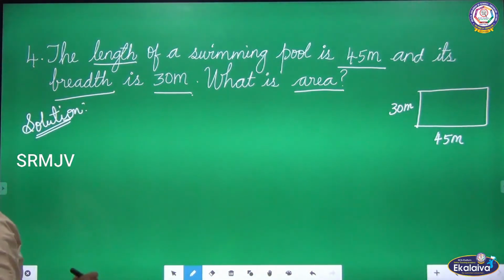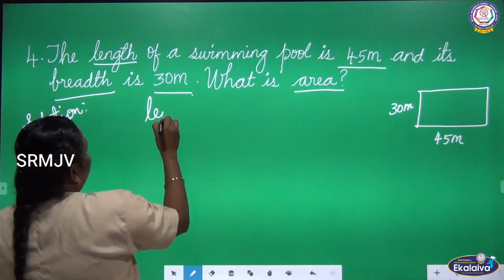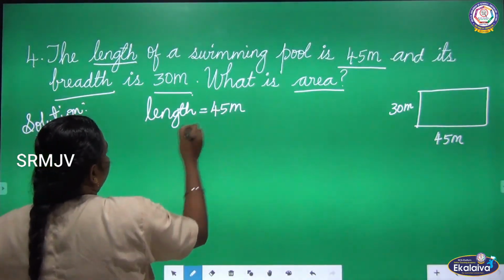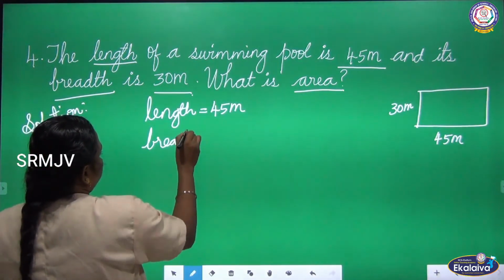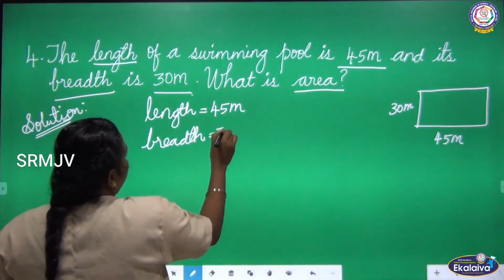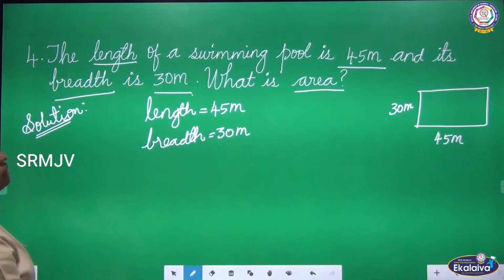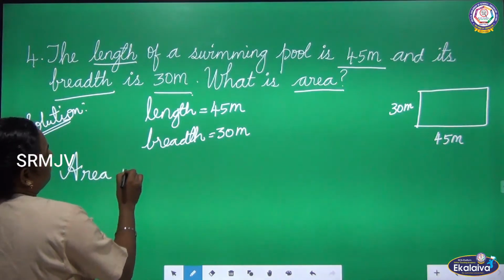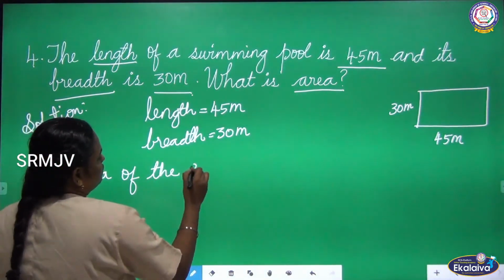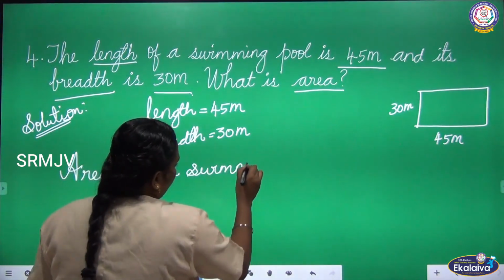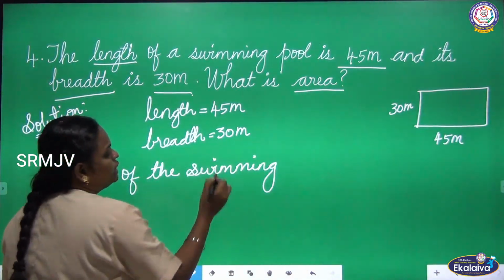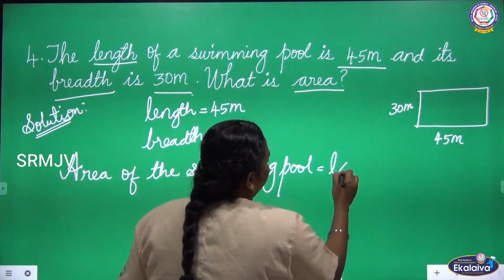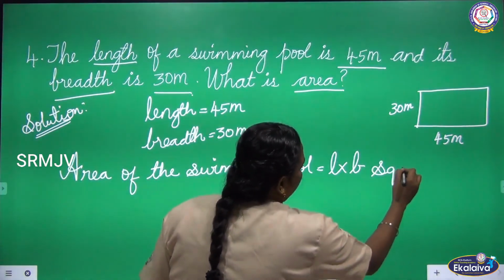So what they have given? Length. What is the length? 45 meter. Next, breadth is 30 meter. Next, what we are going to find out? Area of the swimming pool. So that is area of the rectangle. So what is area of the rectangle, children?